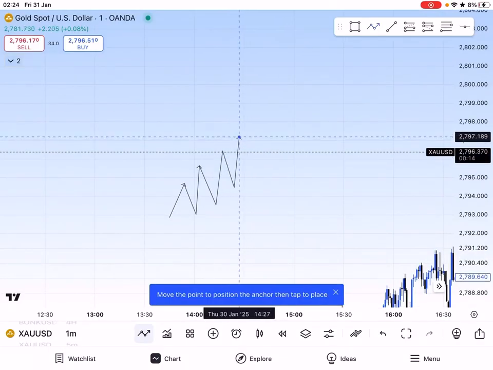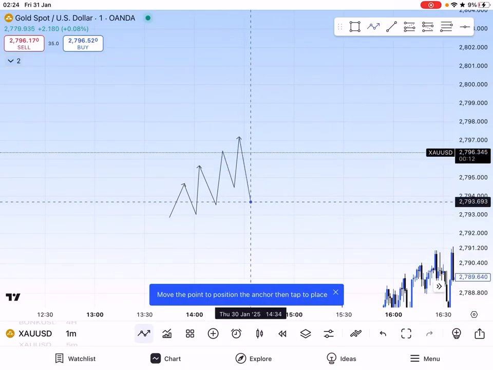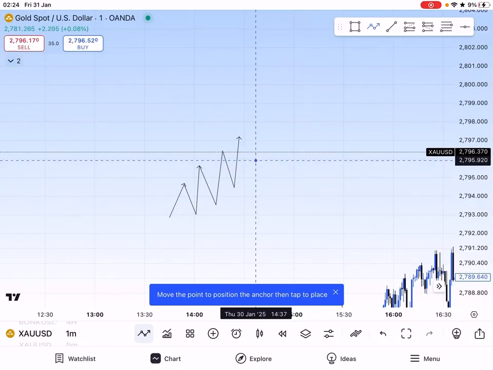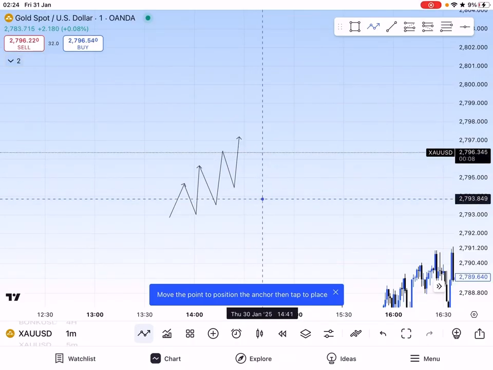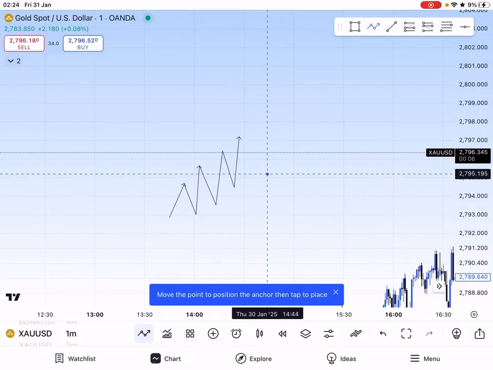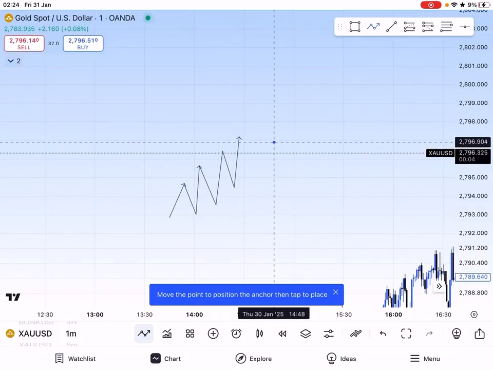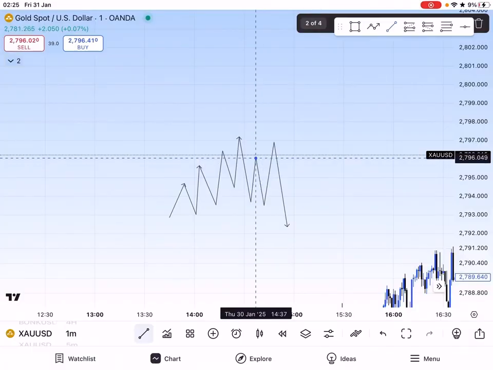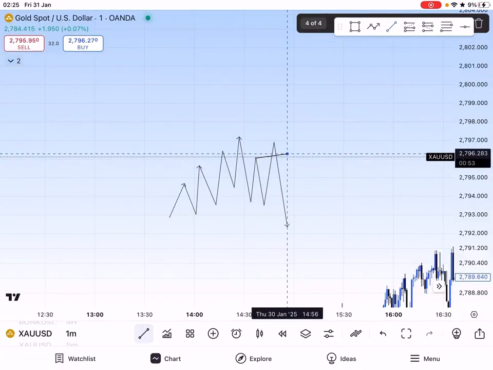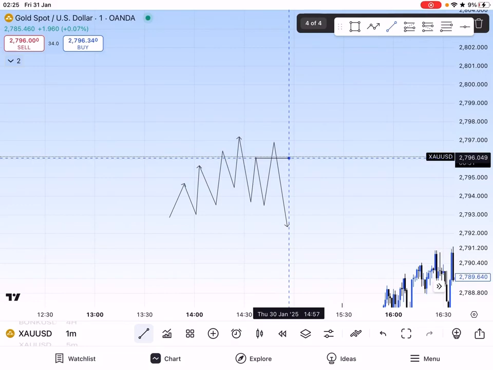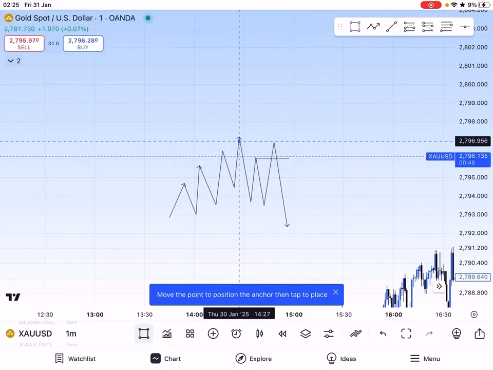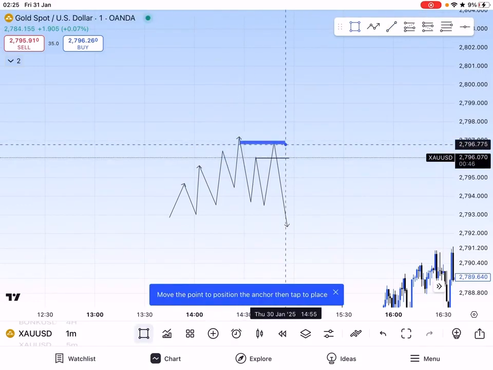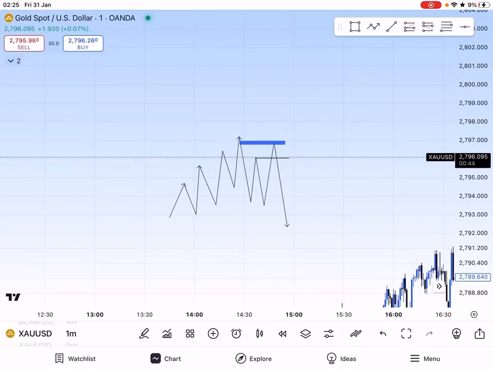And then we suddenly have a change of character, and then a pullback. Maybe it's a break of structure, and then price comes and takes out the inducements. We now enter, therefore price comes down. So you know these are our concepts, guys. When price takes out inducements, taps into one of our SNR zones, and we take a sniper entry.